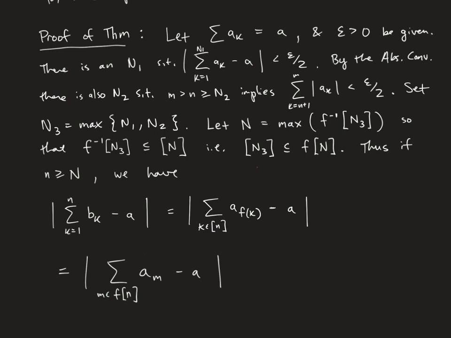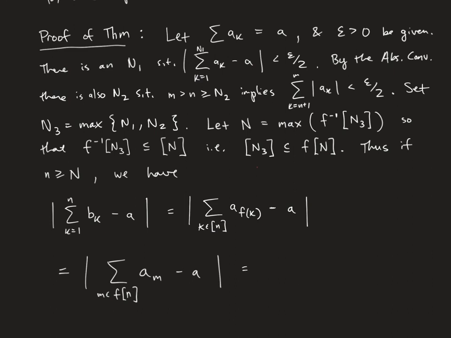But the first little n natural numbers contain the first big N natural numbers, and so f of the first little n natural numbers contains f of the first big N natural numbers, and that contains n3, the first n3 natural numbers.